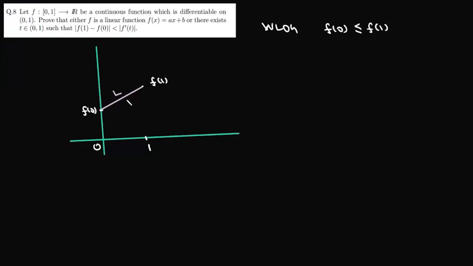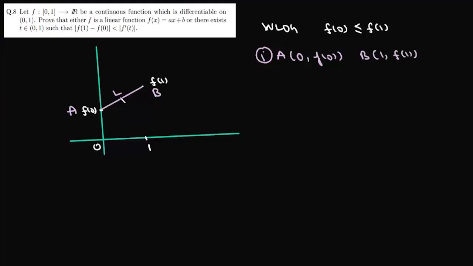Since it is a continuous function, one of the possibilities is this straight line which passes through these 2 points 0 comma f0, say this point A, and this other point B, which is 1 comma f1.